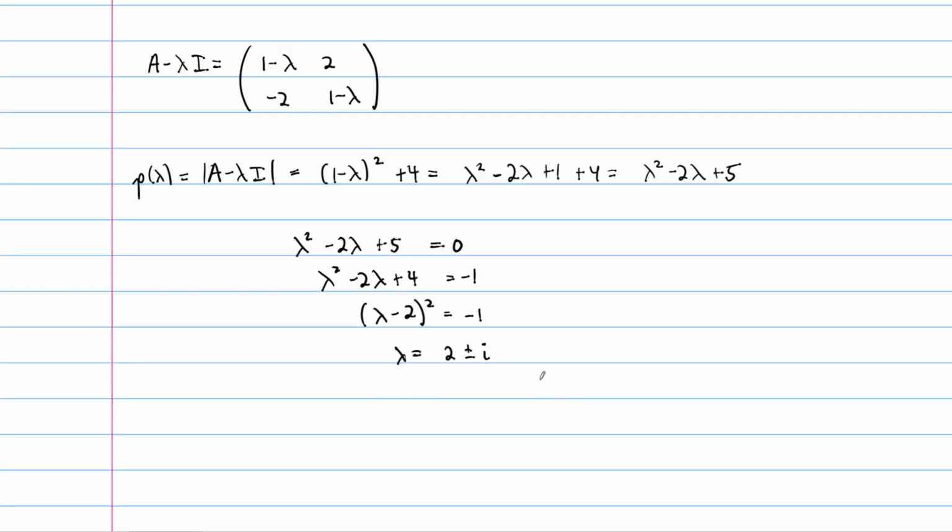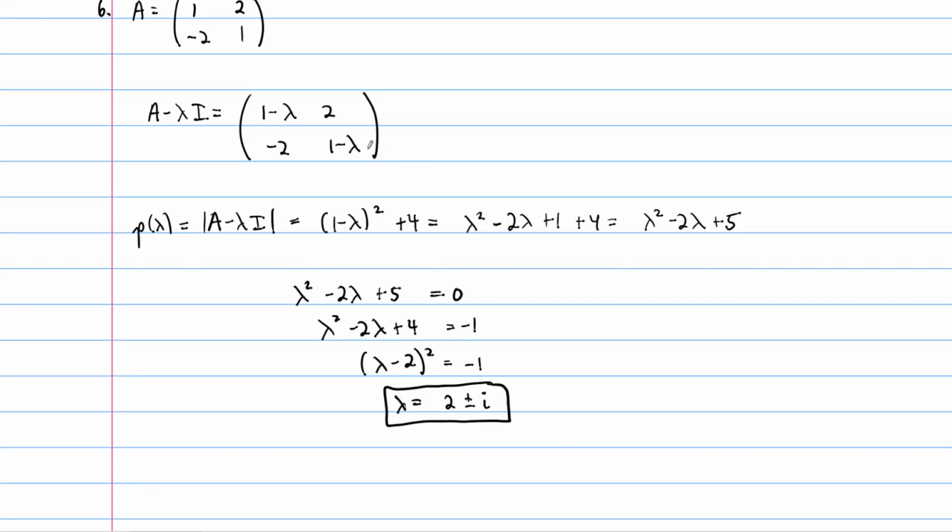All right, and I'll leave this here, but the point is that it's definitely possible. We just saw it. It's possible to have complex eigenvalues. In that case, your eigenvectors would also have to live in C 2 by 1, so they have complex entries.